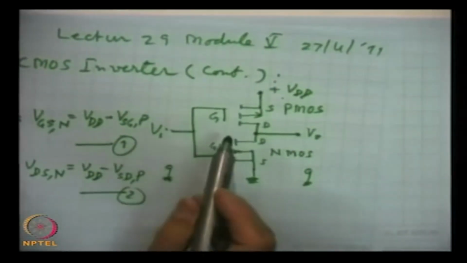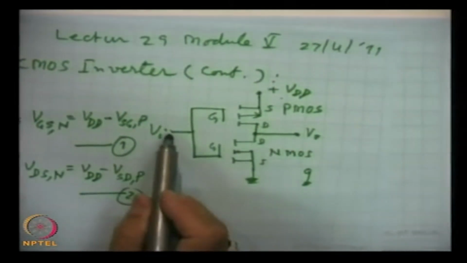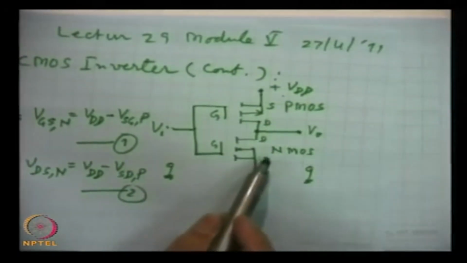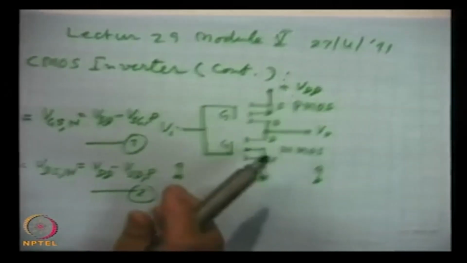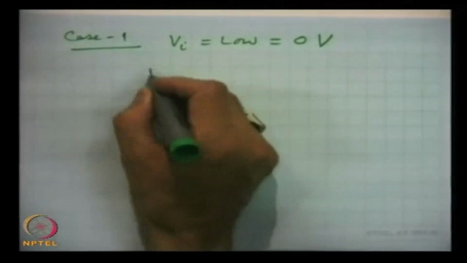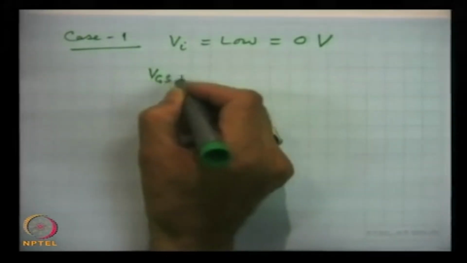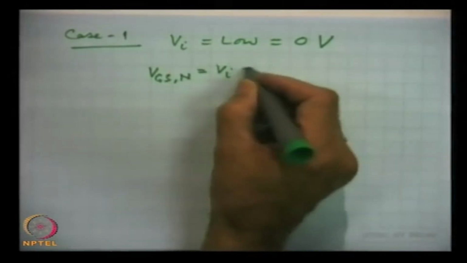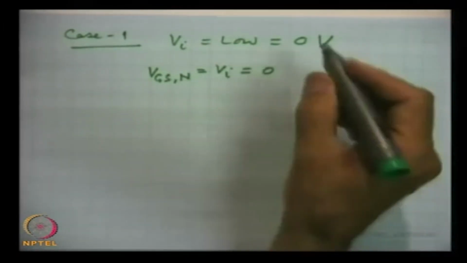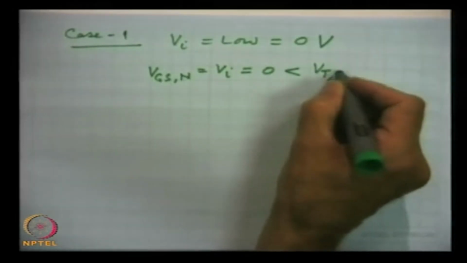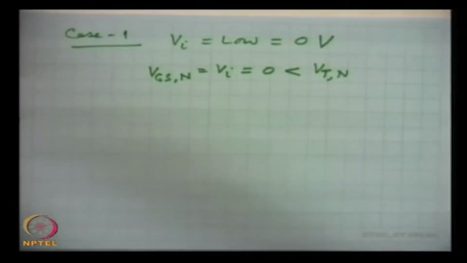When this voltage is low, that means this NMOS will be off, because in this case VGSN is equal to Vi, which is 0, and so obviously it is less than the threshold voltage required for the NMOS.